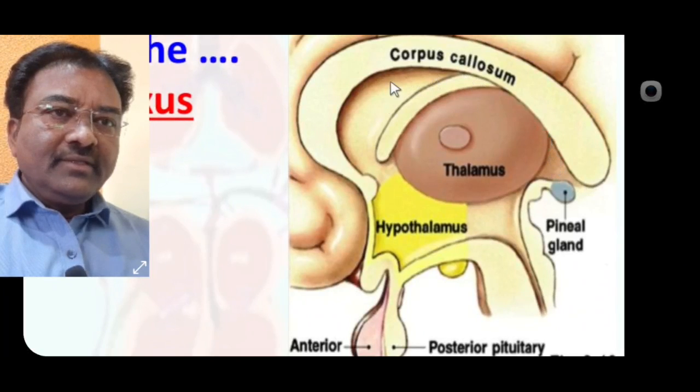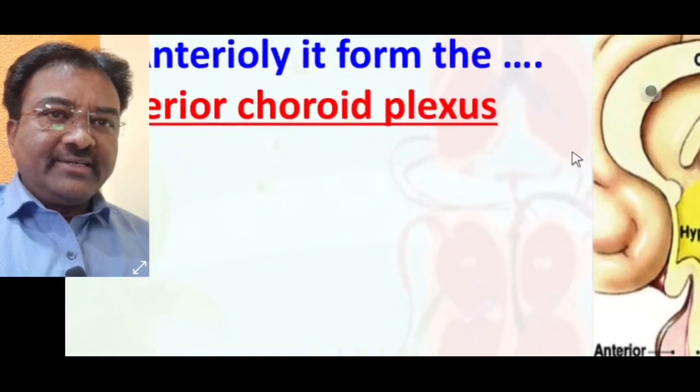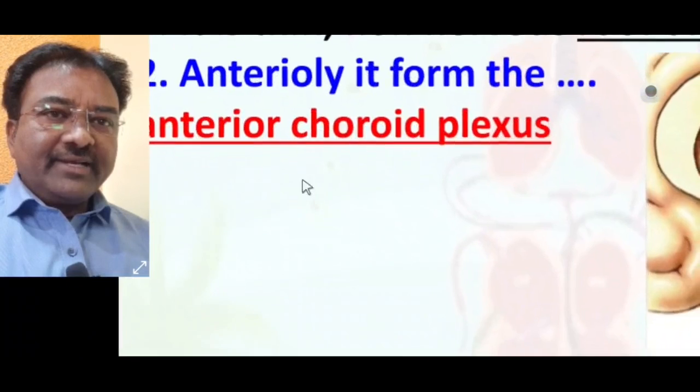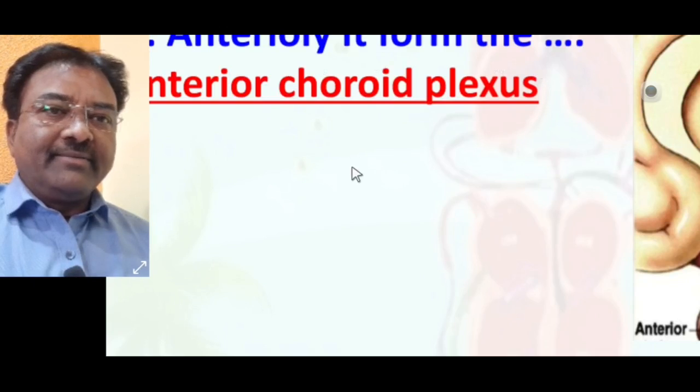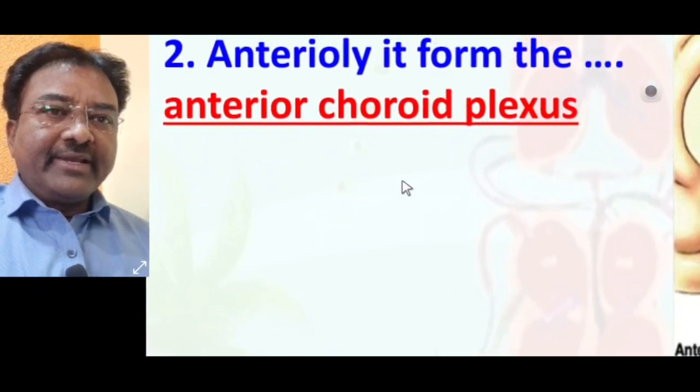This part is the roof of the diencephalon called epithalamus, and in this epithalamus region anteriorly the anterior choroid plexus is located.